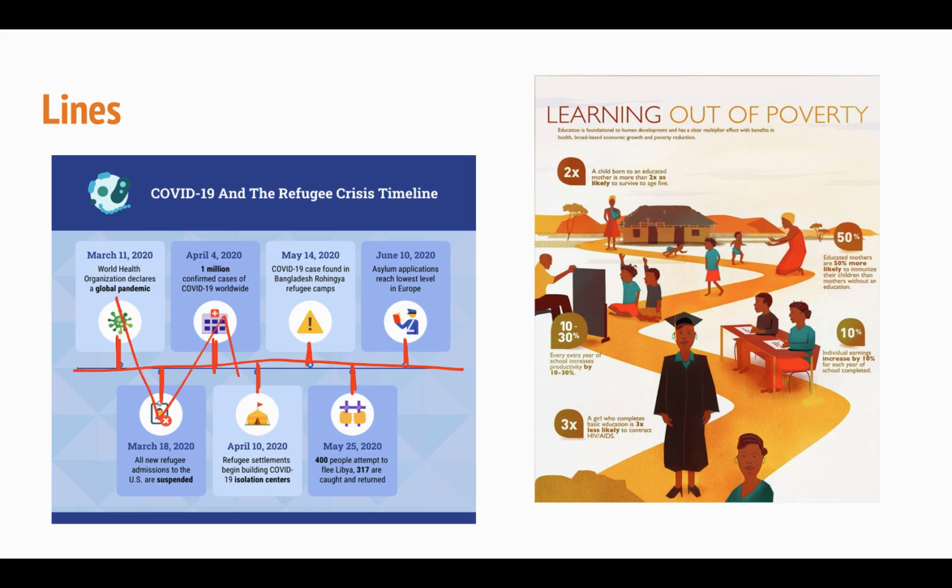And let's look at this other example, learning out of poverty. We can see that there is a woman standing in front of us in a cap and gown, and our eyes gradually go there first, I think, because the dark brown color of her cap and gown contrasts with the other colors in the background. So see that?